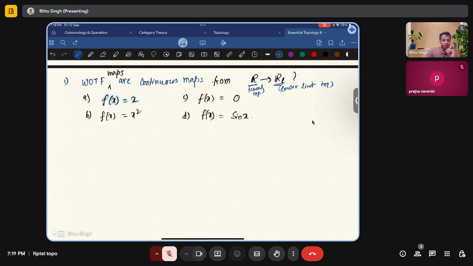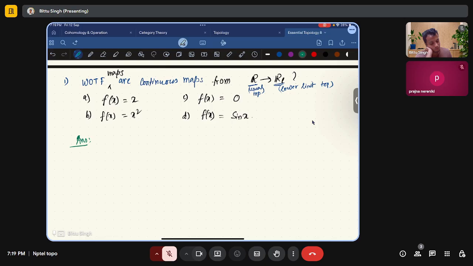Can you see which of the following are continuous and which are not? One way is to see directly that f inverse of some open set is open, but there is an easier way for this problem. So how can you see?